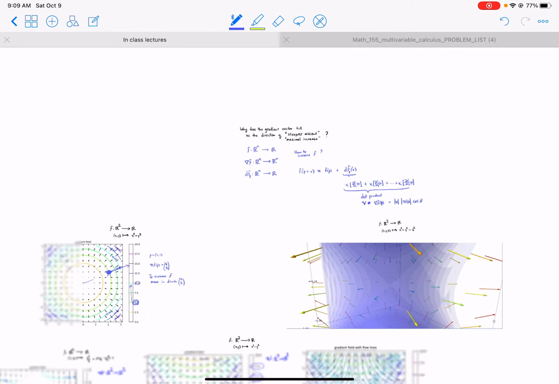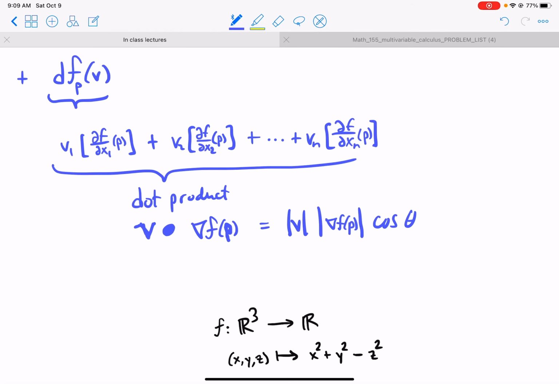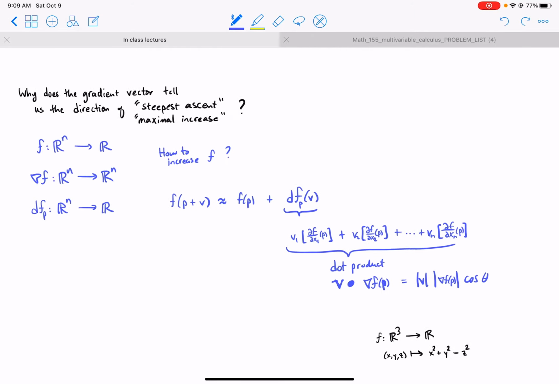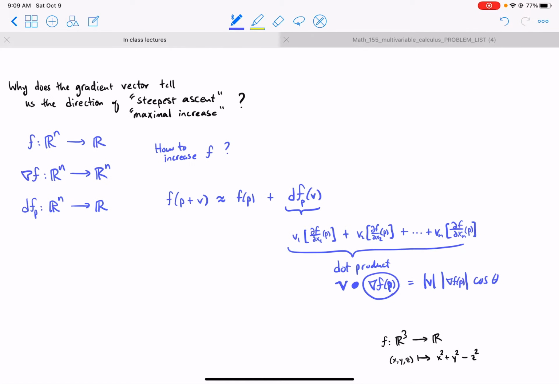And so let's go look at this. Remember this formula for the dot product of two vectors. What I'm saying here is that if I plug in p, the gradient is a map from some point to some vector. The parentheses mean evaluate the map, gradient of f, at the point p.